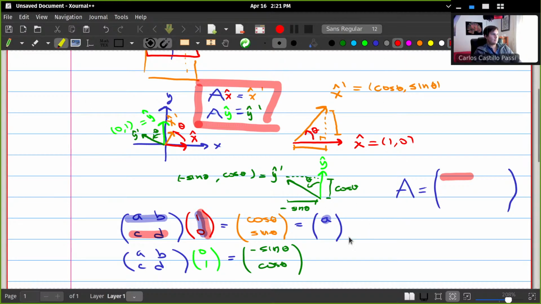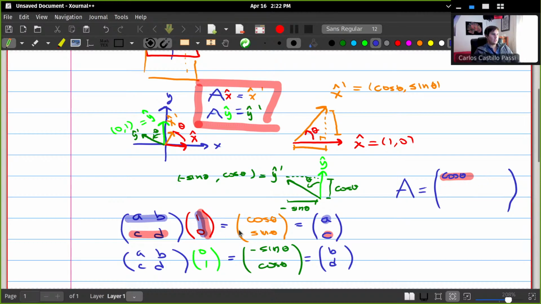Sorry, here. And we have C. On the other hand, here we'll get B and D. That means that our first component here is cosine.